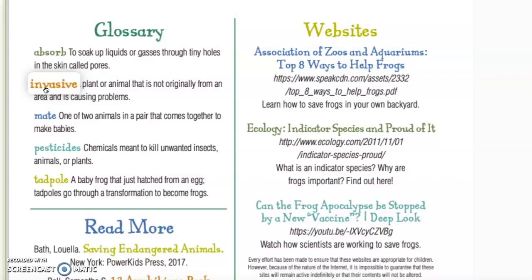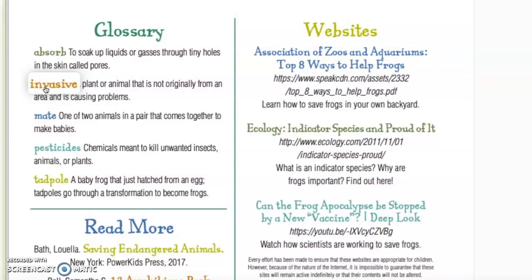I like to think about an invader. If you have an invader coming into your home, they're not supposed to be there, right? That's similar to what the word invasive means. Something that's not usually from there, and it's going to cause some problems.